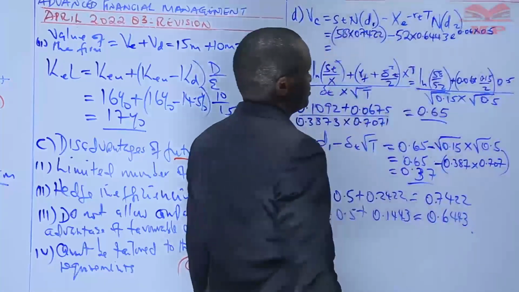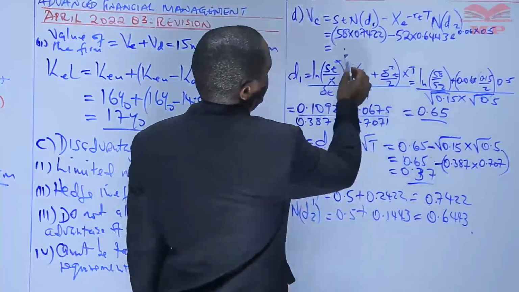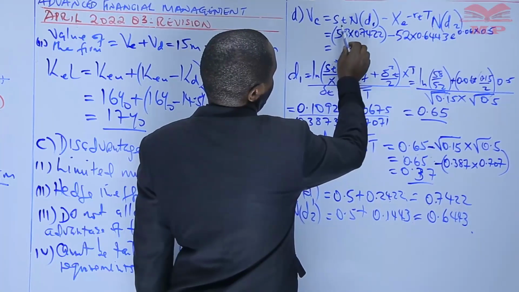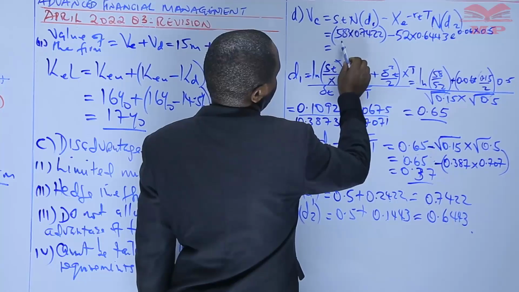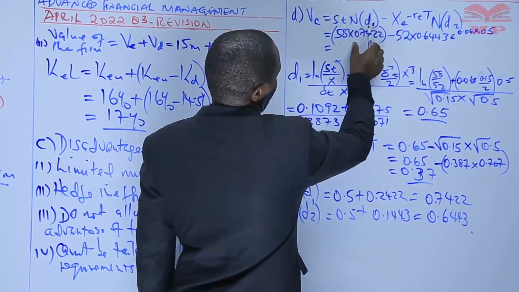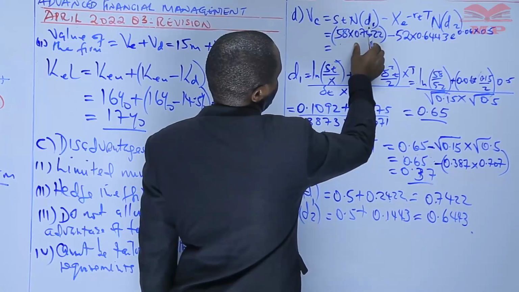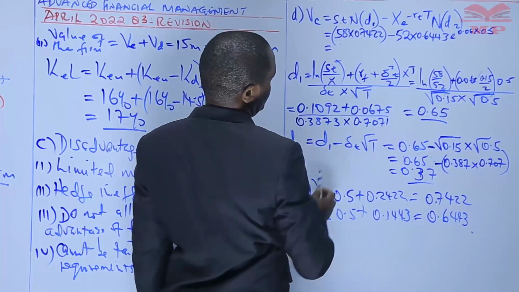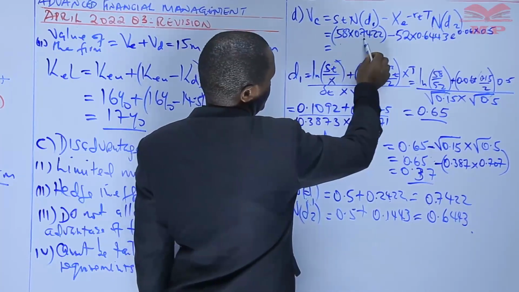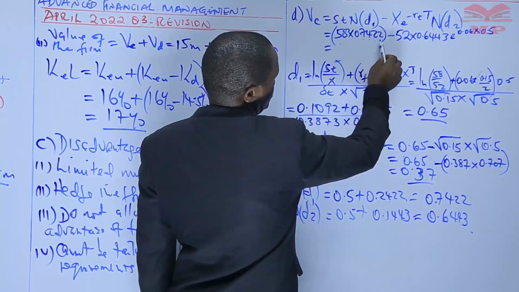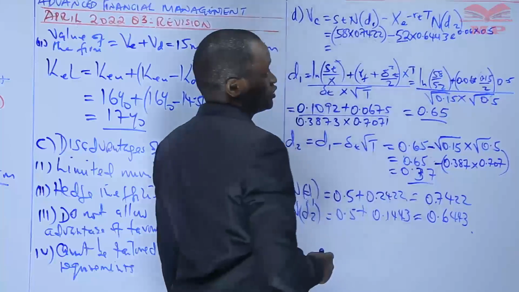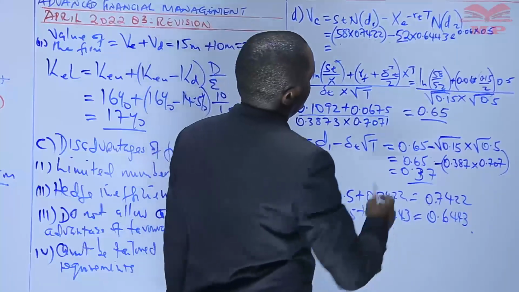So we've done the substitution. 58 is the underlying asset price. This is the N(D1) after reading it from the normal distribution, 0.7422, minus the strike price, also known as the exercise price.